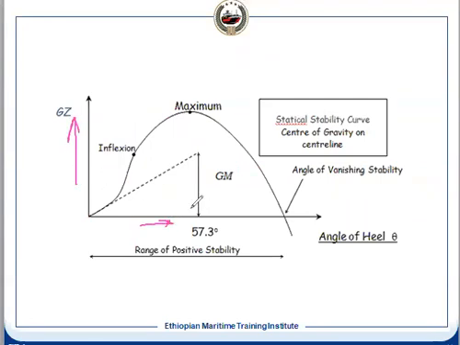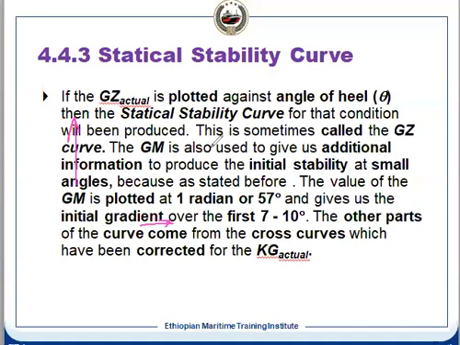For each angle of heel we have a different GZ, and we can plot it. Once we plot it, it will make a curve like this. From this curve, initial stability we know, that is the small angle of heel. There GM is constant. There is no change in GM.